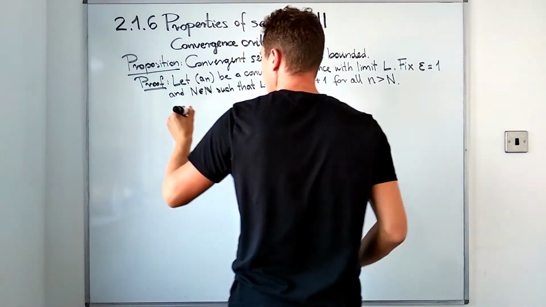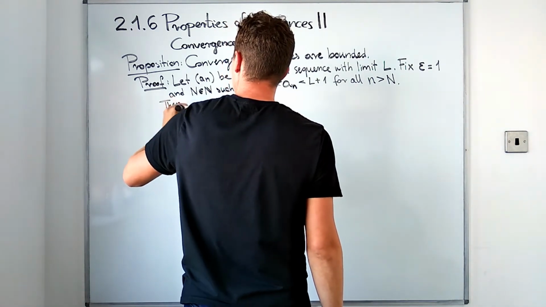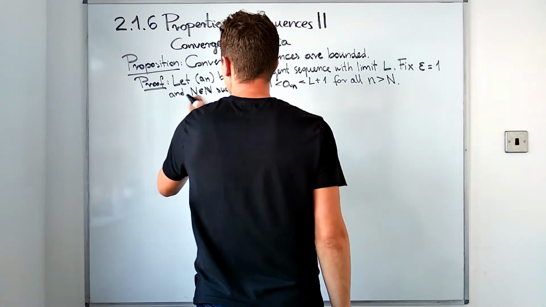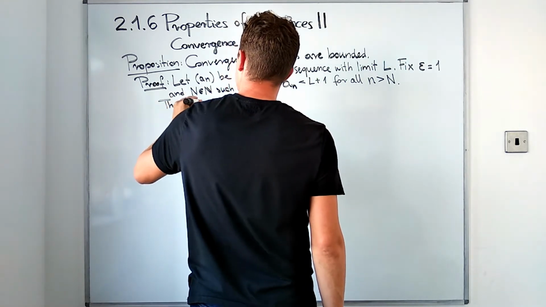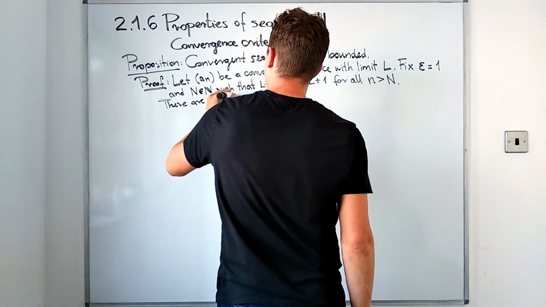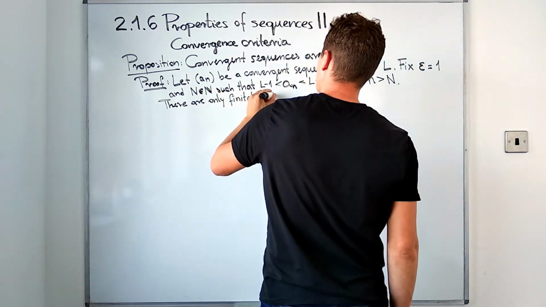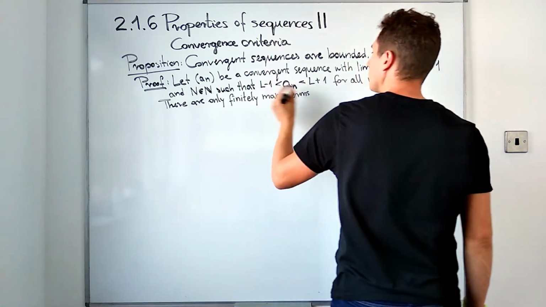So what we can say about the sequence a_n, all terms in the sequence, well, let me just make a note of what I said. There are only finitely many terms not satisfying this.